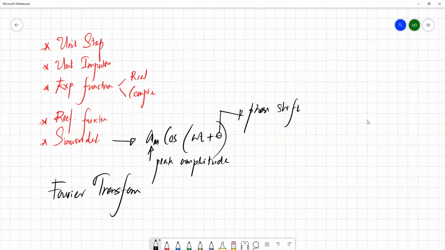Up to now, we studied the Fourier series representation, where given a periodic function you map it to the frequency domain. The next would be the Fourier transform. If you have an aperiodic signal, how do you map it into the frequency domain can be discussed through the Fourier transform. We'll do it next Monday.